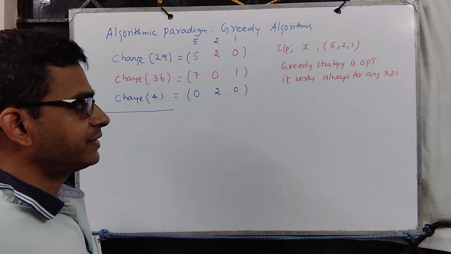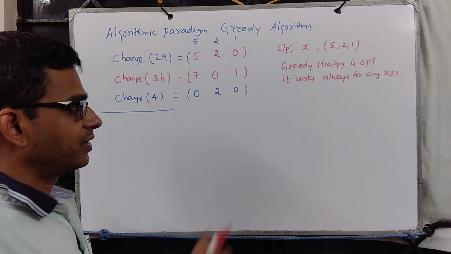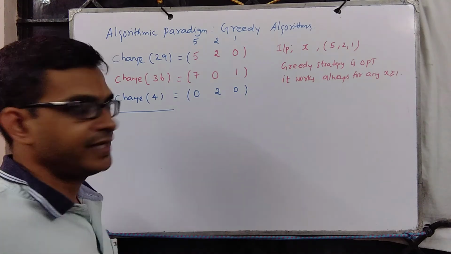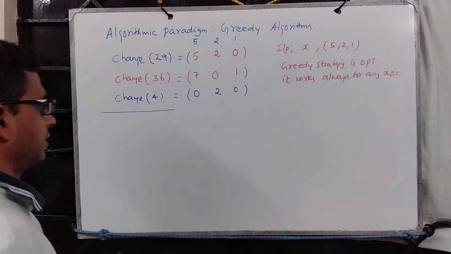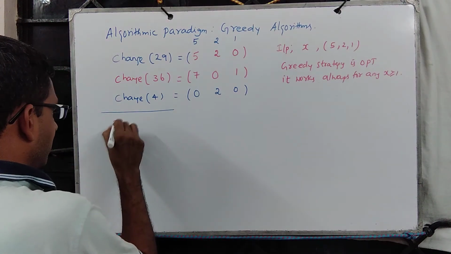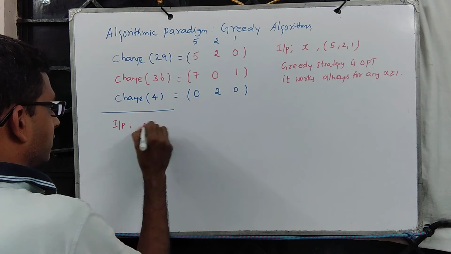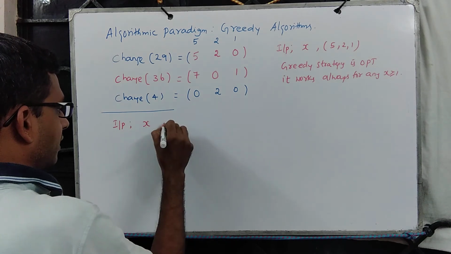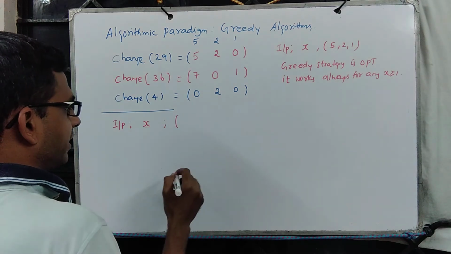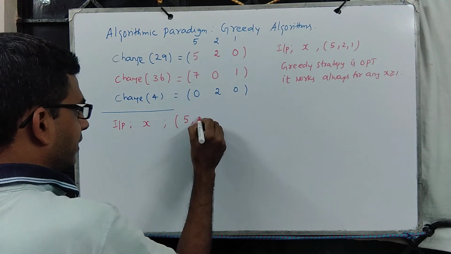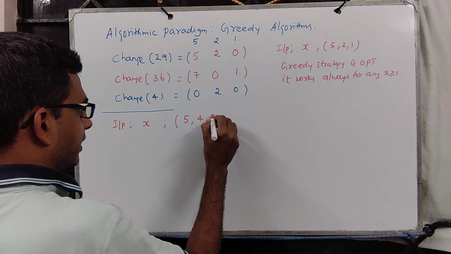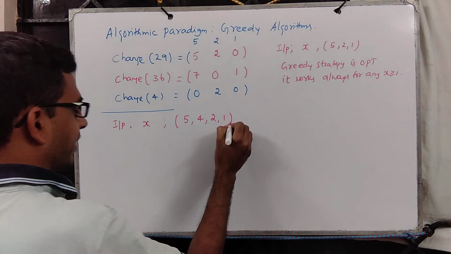Now the interesting question is, will this greedy strategy work for any denominations? For example, let's look at this. Input is x and the denominations are, say, 5 and 4 and 2 and 1.